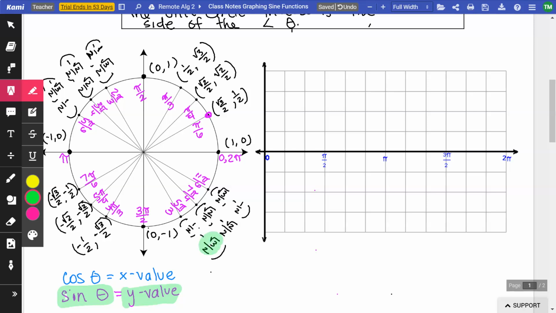So what we care about right now are all of these y values at each of these points.